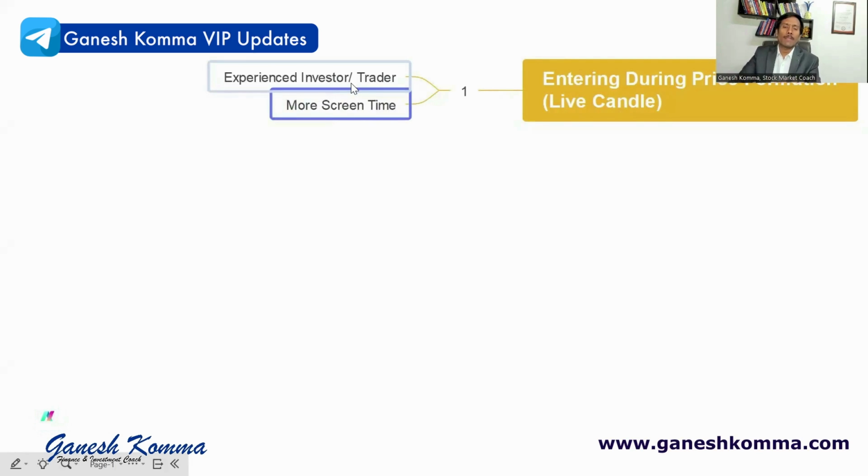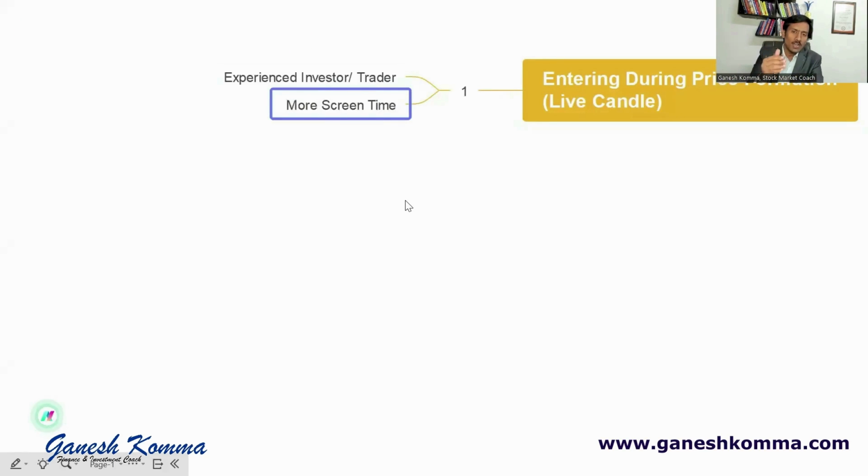Sir, what do you mean by more screen time? You need to observe the chart because you are entering during the candle, maybe at 10 a.m., 11 a.m., or 12 p.m. You see a very good setup, and we'll go to a little lower time frame, maybe a 30 minutes candle or even a 15 minutes candle, to observe how the strength is building up.